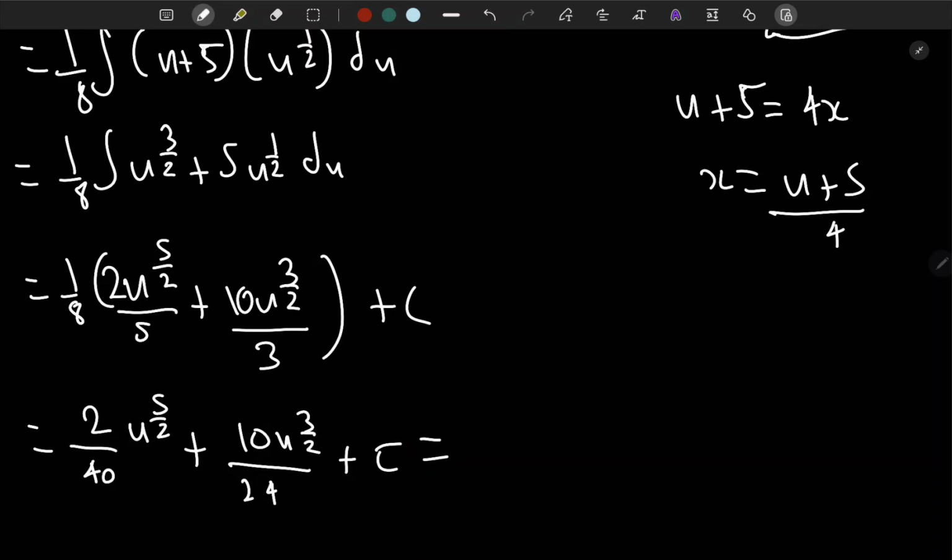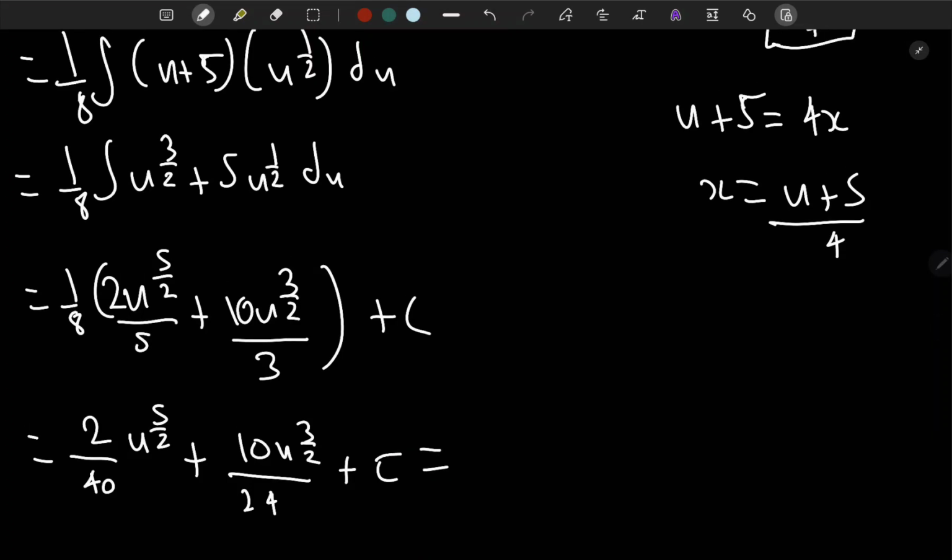And we can further simplify this now, so we're going to get 1 over 20, and we can also replace u as the original value, which was u equal to 4x minus 5, and here I'm just going to write that, what was it, yeah, this one.